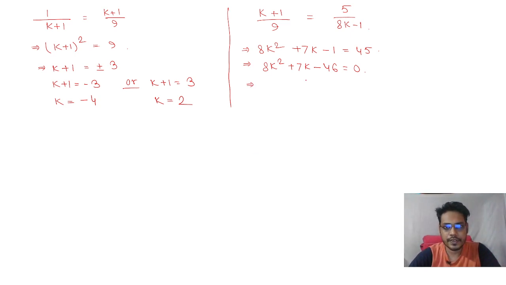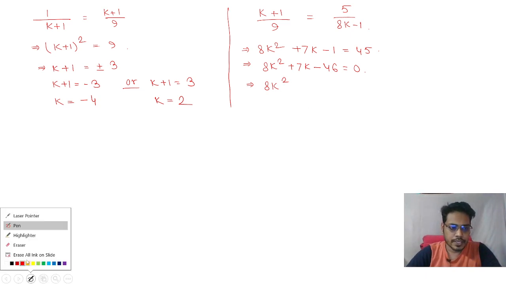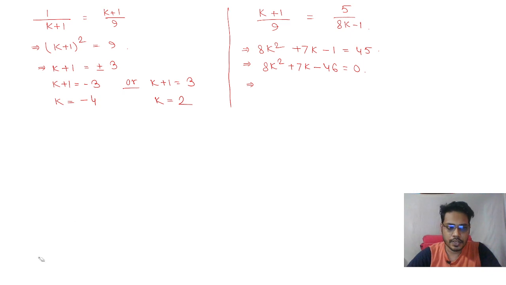That means we can say 8k square plus 7k minus 46 is equal to 0. If you factorize it, we will get k minus 2 into 8k plus 23 by middle term factorization. We can say it is equal to 0.